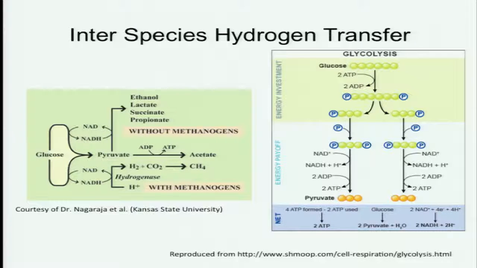What these methanogens actually do is reduce the partial pressure of hydrogen inside the rumen, so that the hydrogenases that convert this NADH back to NAD can efficiently work. So in the presence of methanogenesis by methanogens, you are reducing the partial pressure and recycling some of your NADH back to NAD, so glycolysis can go forward.